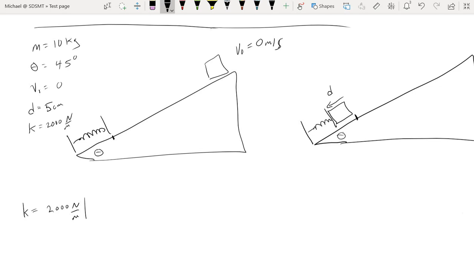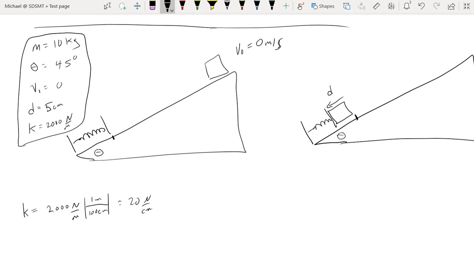But just in case we're curious, what would this look like as newtons per centimeter? That would be 20. So 20 newtons per centimeter. Okay, well, that's quite a bit of information for a problem like this.